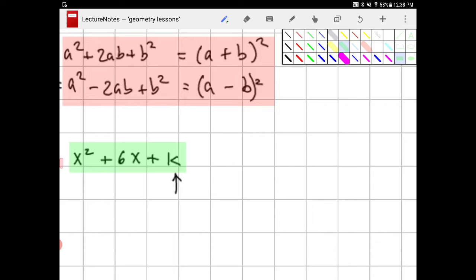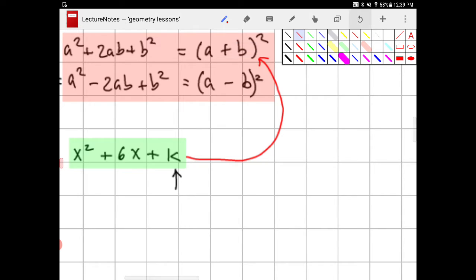If you're saying to yourself that it falls into the first category, the first line right here, you're absolutely right. How we can tell which line it falls into has to do with this number right there. Because that is positive, we recognize the middle term has to be positive.